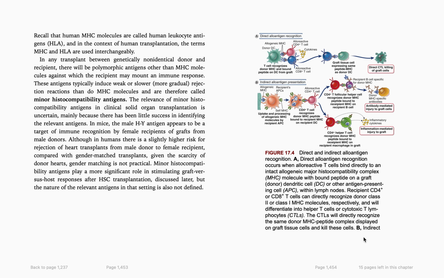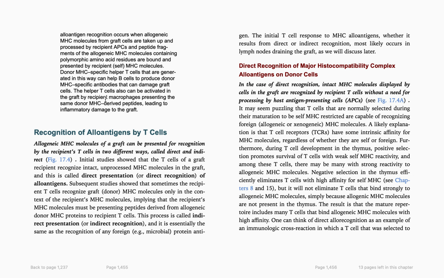Indirect allogeneic recognition occurs when allogeneic MHC molecules from graft cells are taken up and processed by recipient antigen-presenting cells, and peptide fragments of allogeneic MHC molecules containing polymorphic amino acid residues are bound and presented by the recipient's self-MHC molecules.